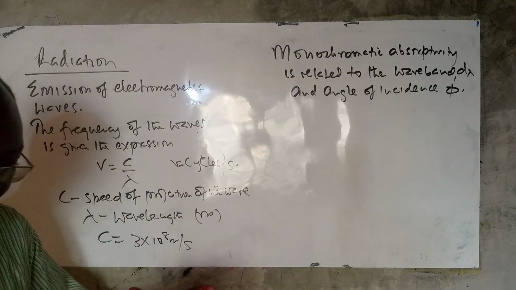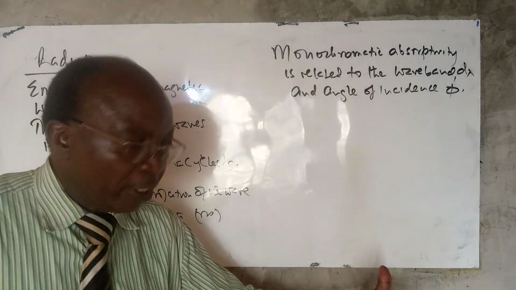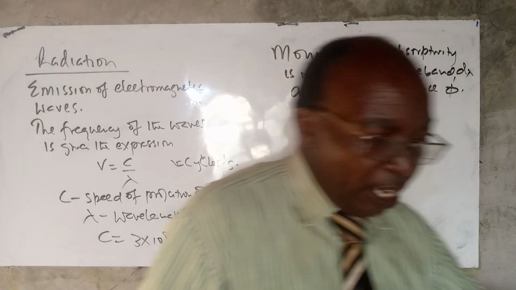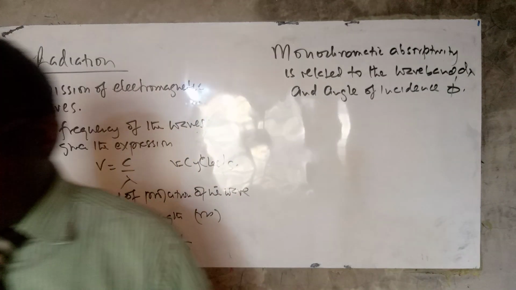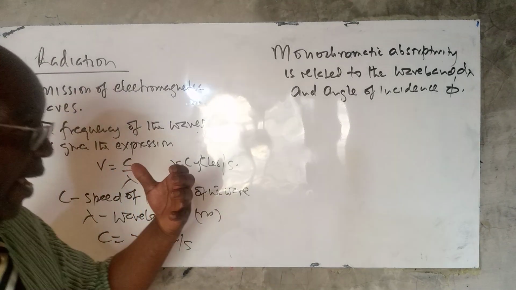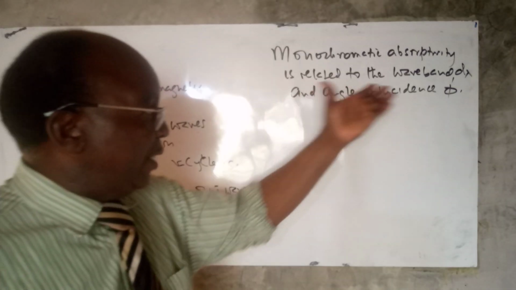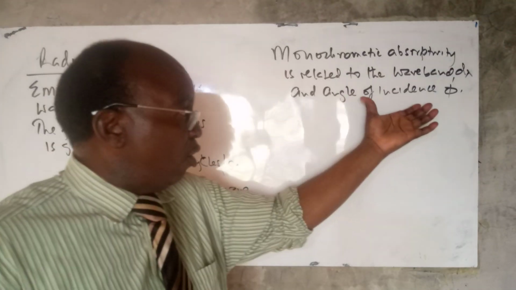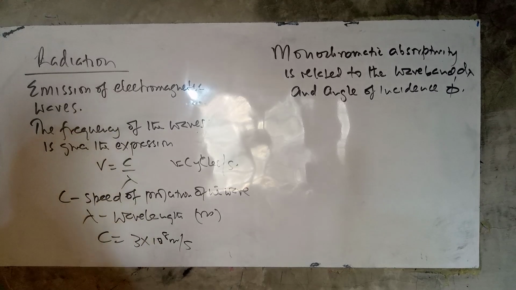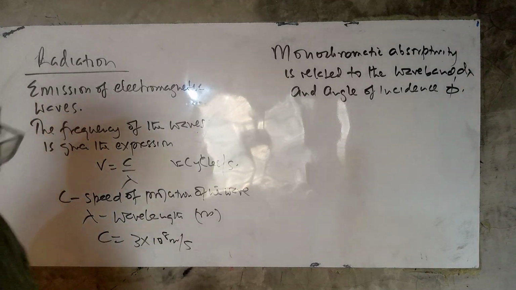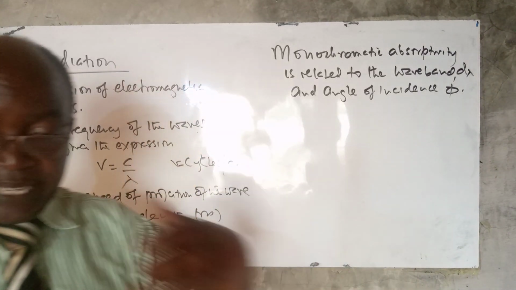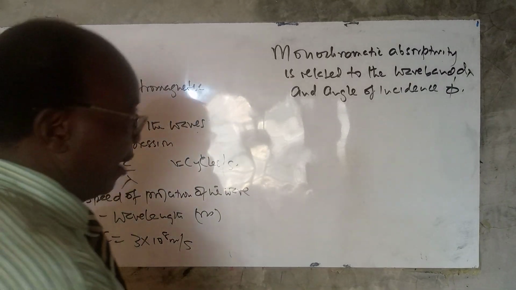Therefore, what does that mean? It means that when we're talking of monochromatic absorptivity, we are talking of a ratio of the energy which is absorbed within that waveband and the solid angle d omega, divided by the total incident energy in that waveband and that solid angle.